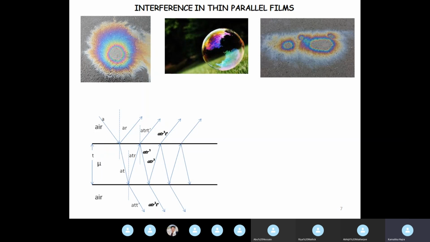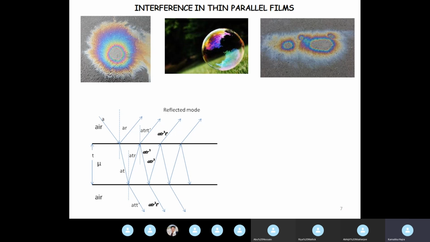So there is multiple reflection and transmission, and we can easily write down the amplitudes of all the rays, because we now know how to write them. When we discussed Stokes' law, we learned how the amplitude gets divided in terms of the reflection and transmission coefficients.